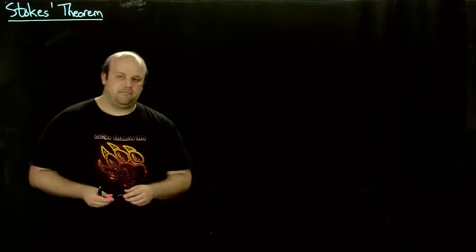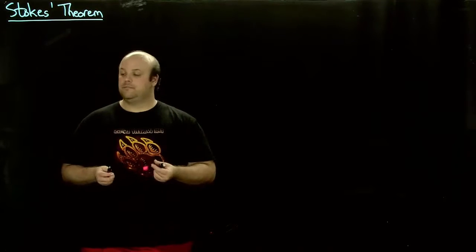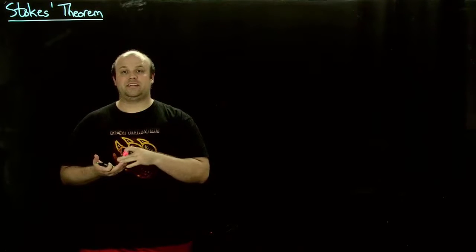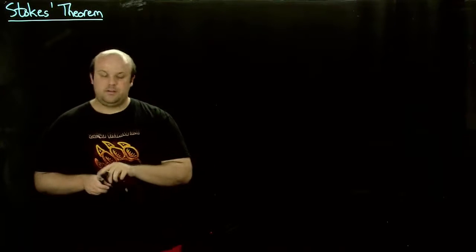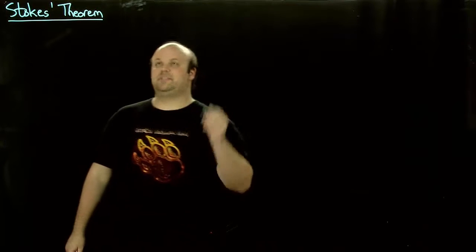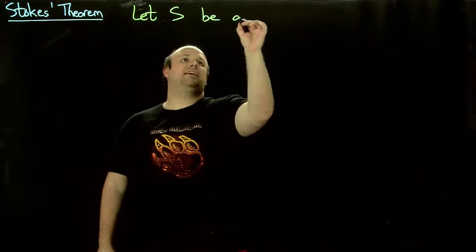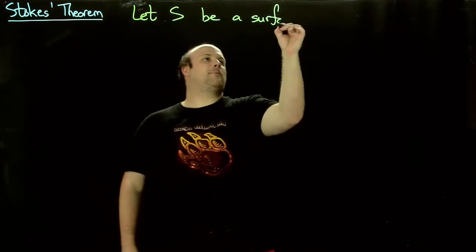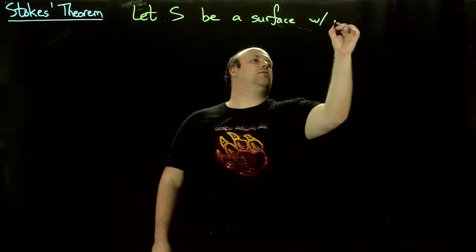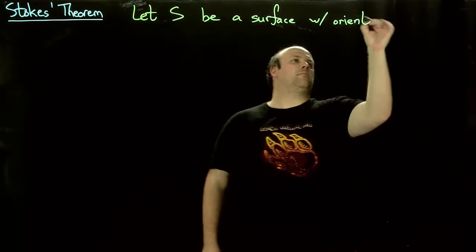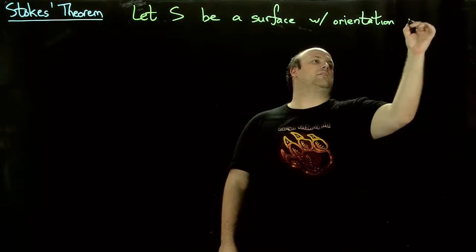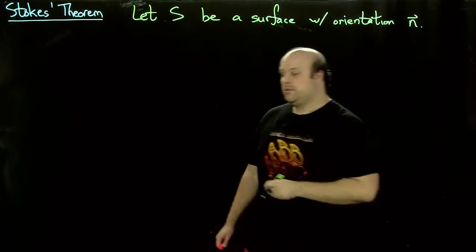But before we can do that, we need to define orientation on the boundary of a surface. So let's do this. Let S be a surface with orientation given by n, right?